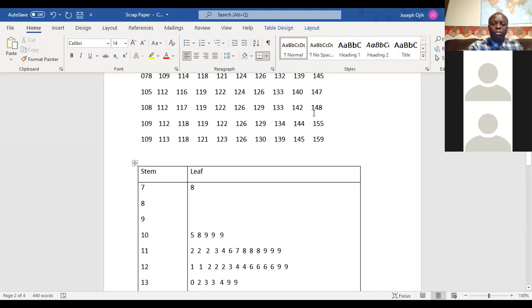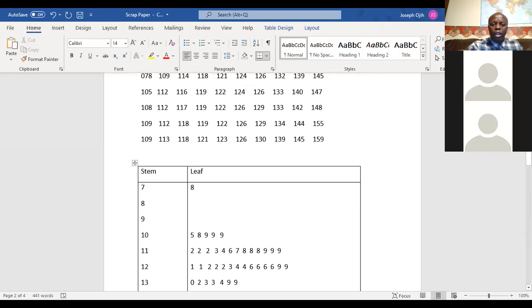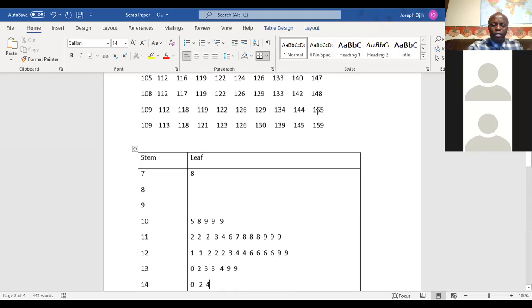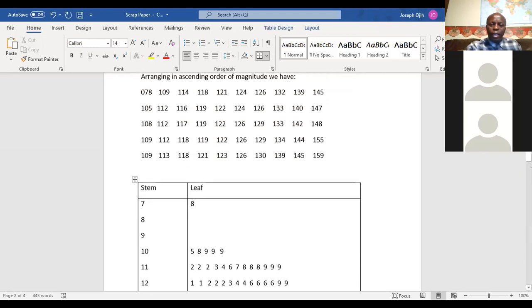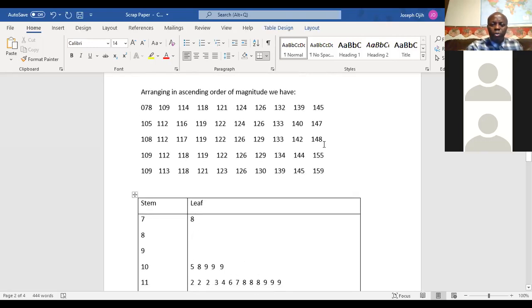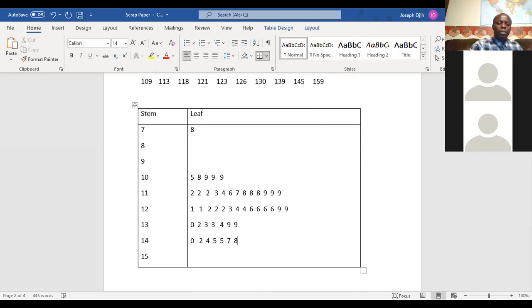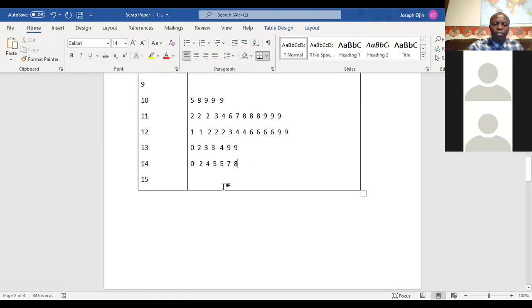I will have 144, one of them. We have 145 twice. Then we have 147, only one of them. 148, only one of them. 155 and 159. 155 is right here.